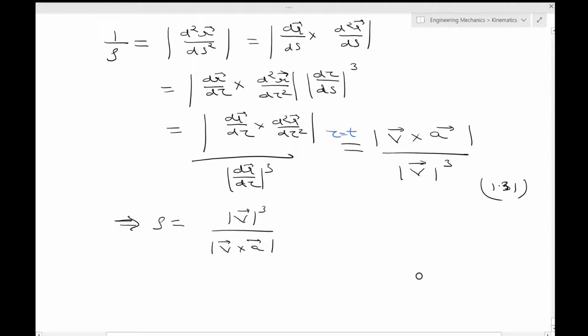So let's see how rho depends on. Let's make this claim in red.